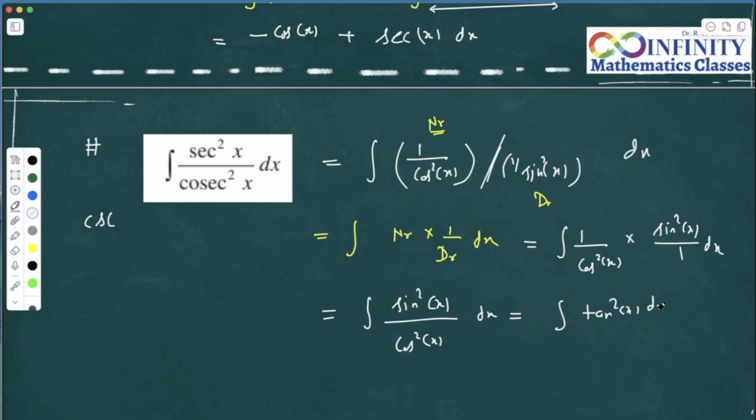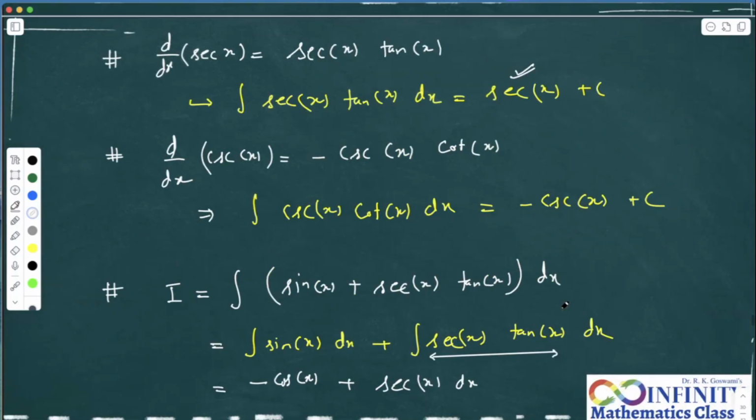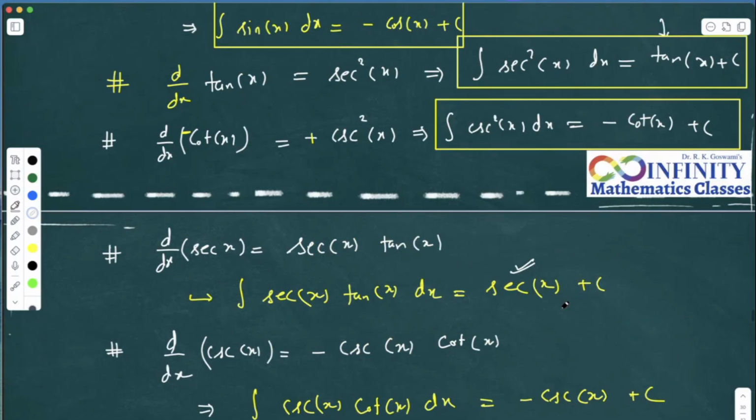The information we used is that sin x divided by cos x is tangent x. That's a trig rule. So we are at the point where we need to integrate tan square x. But I do not know the integration of tan square x. There is no formula that tells me what it is.